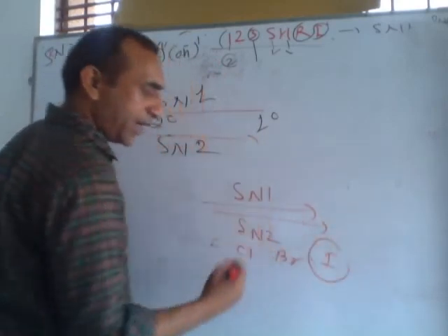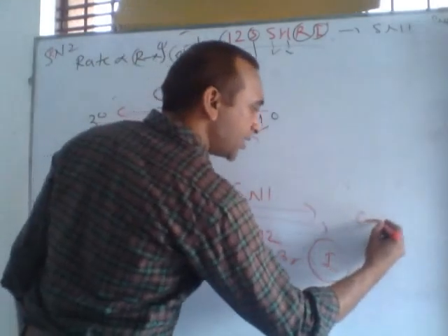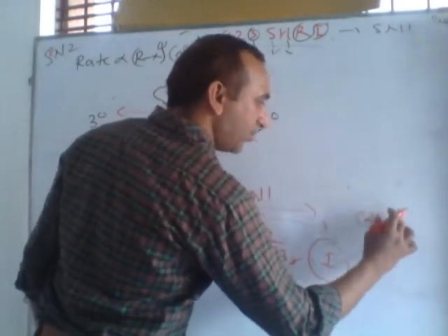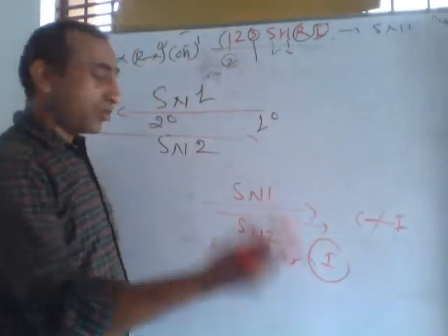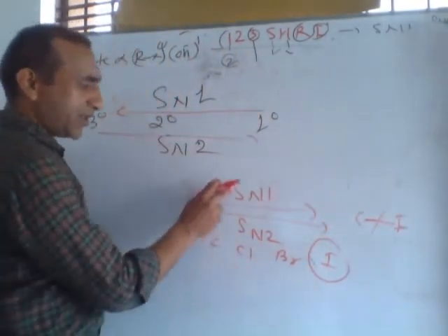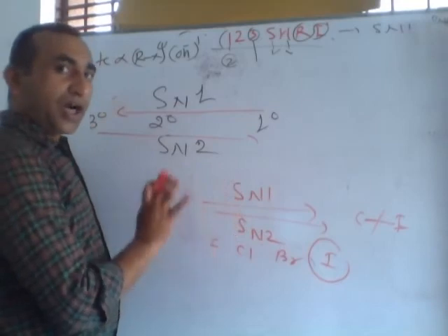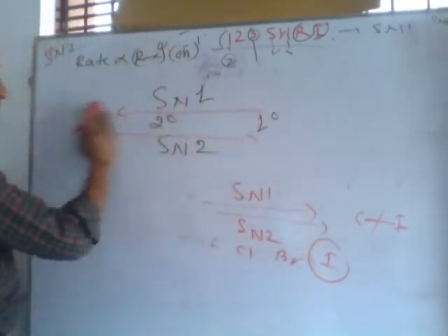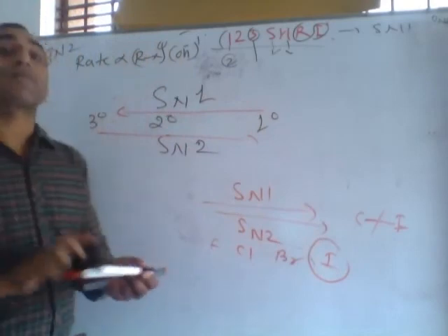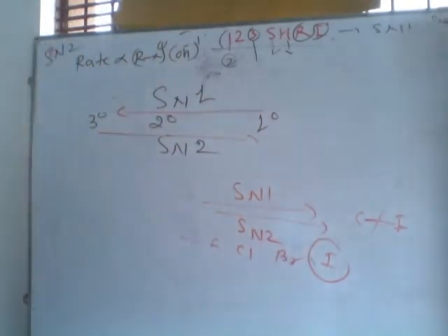Iodine has a large size, so the bond between C and I is a longer bond. This bond can easily break. So iodine is a better leaving group than the other halogens. So SN1 and SN2 reactions are both given very fast with iodine.